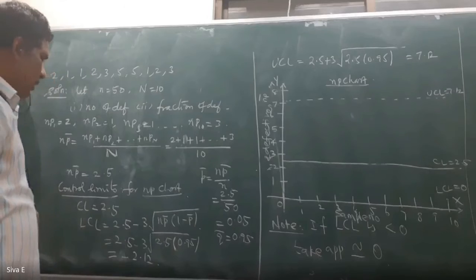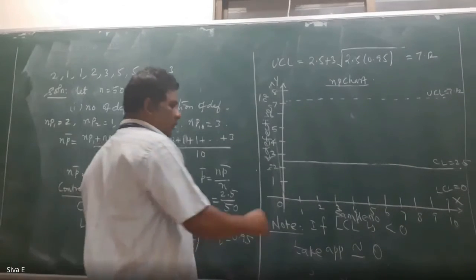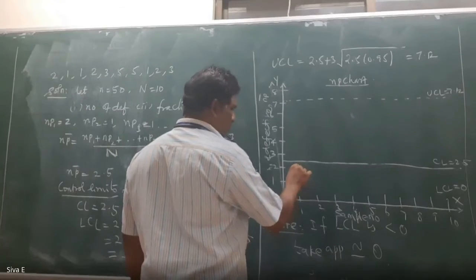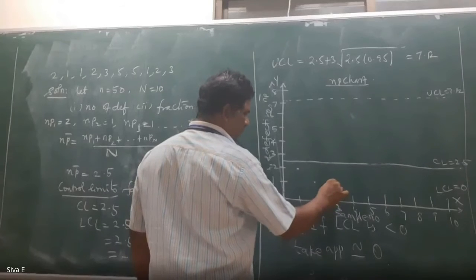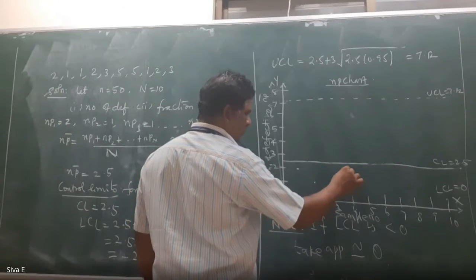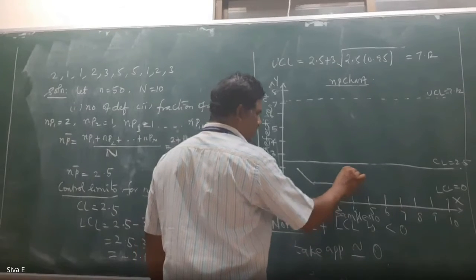Now you have to draw the diagram for this. 2, 1, 1, 2, 2, 1, 2. Join this.